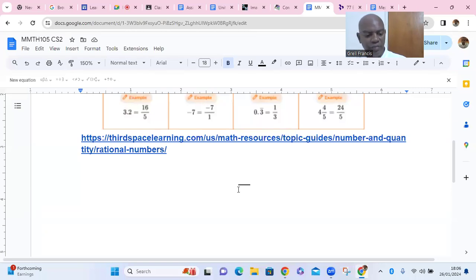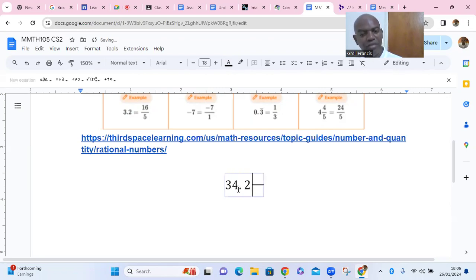So here it says 3.2 can be expressed as a fraction. 3.2 is a decimal number. So we're going to put 3.2 as the numerator and put 1 under it. So this 3.2 over 1 is still 3.2.